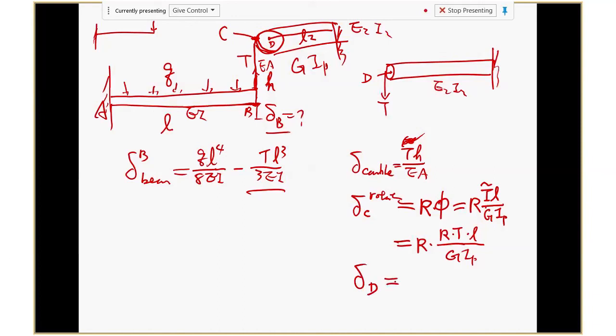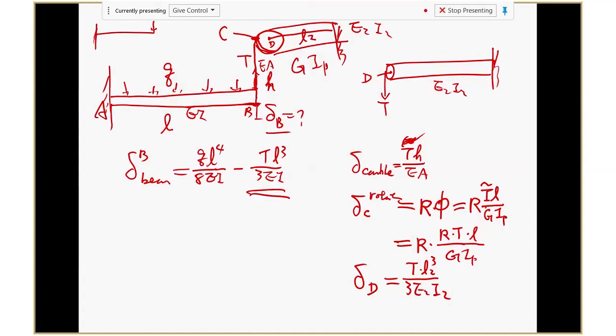Okay, so let me put it here. So the delta of the point D will equal to what? A beam with a force at the end. What's the equation? How much does this point move? It's supposed to be T L2 cubed over 3 E2 I2.